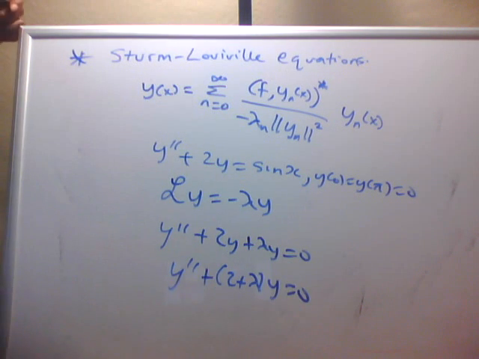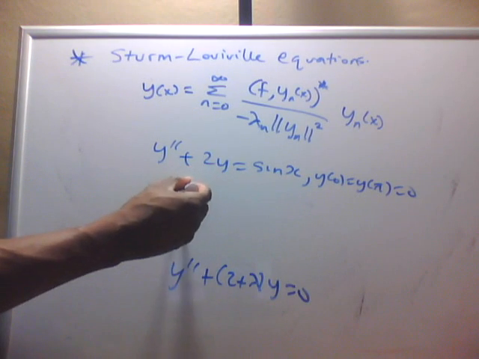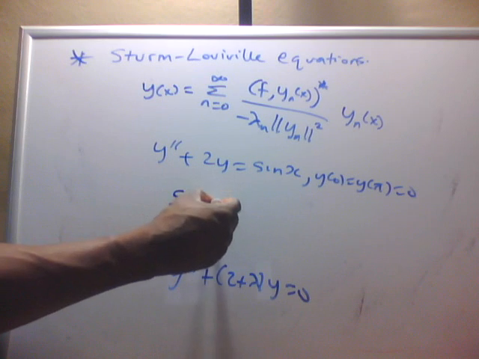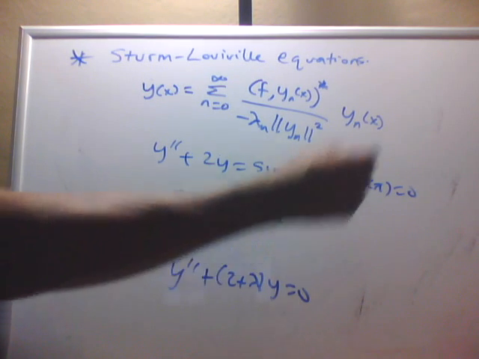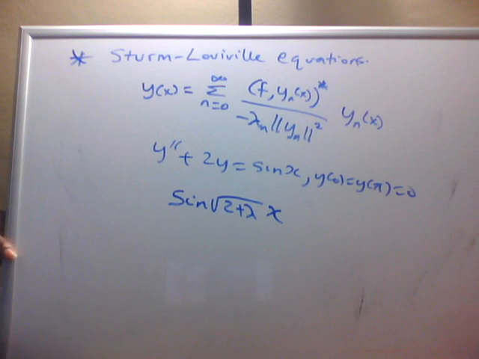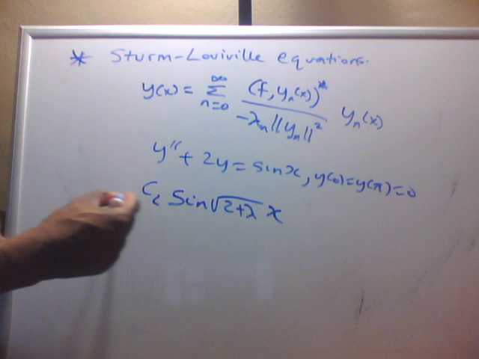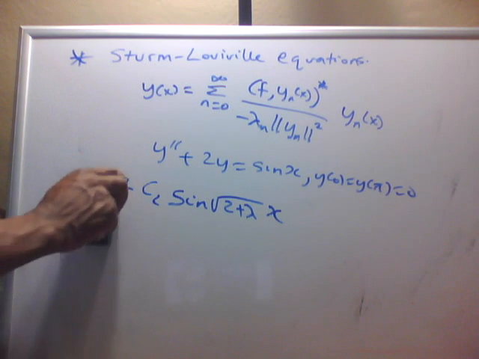I can solve this easily, just like before. My solutions will end up being sine of the square root of (2 + λ) x. For this to equal 0, I skip the step of cancelling out the cosine terms using the boundary conditions.